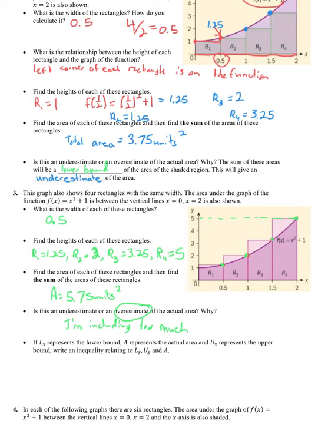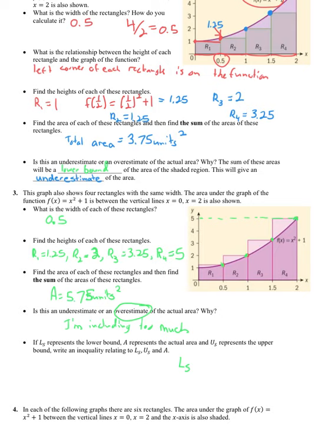My rectangles are bigger than the area of the actual curve. But what I've done now is I've created a lower bound of 3.75 units and an upper bound of 5.75 units. So I know my total area is going to be somewhere between 3.75 and 5.75.